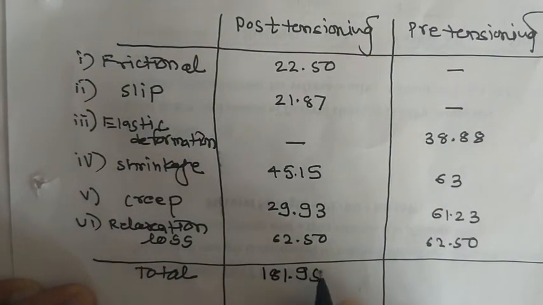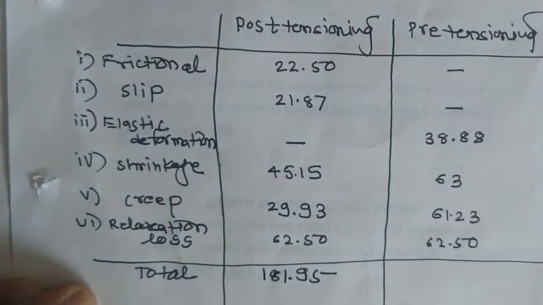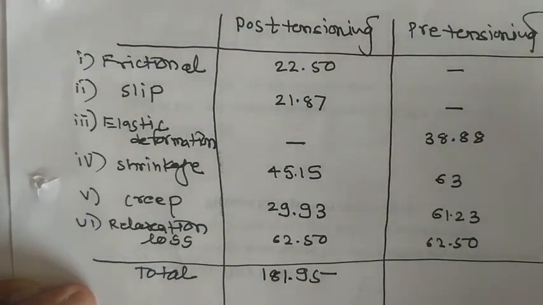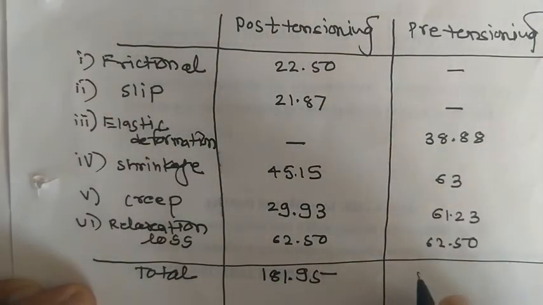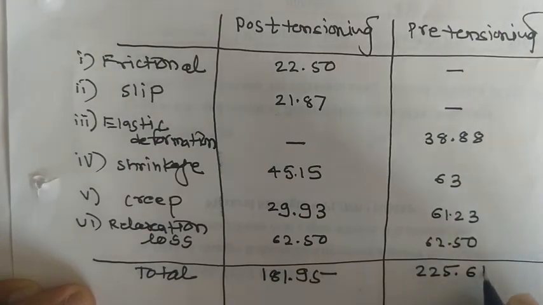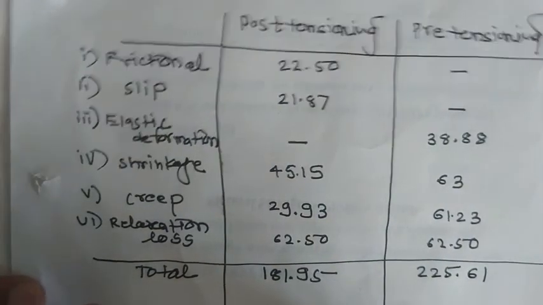So this is the total loss in post-tensioning members. In pre-tensioning, 38.88 plus 63 plus 61.23 plus 62.50 is 225.61.